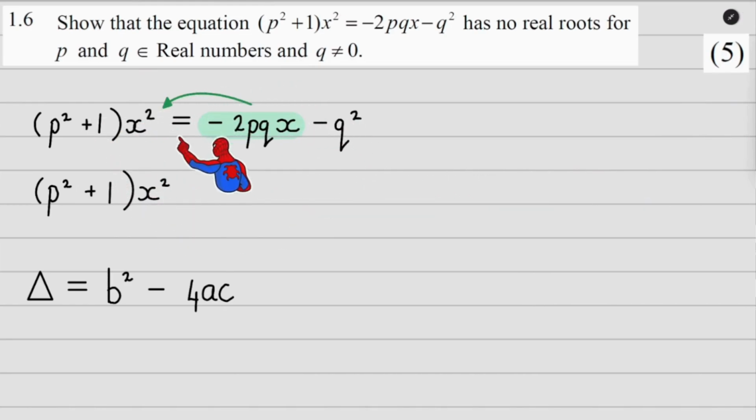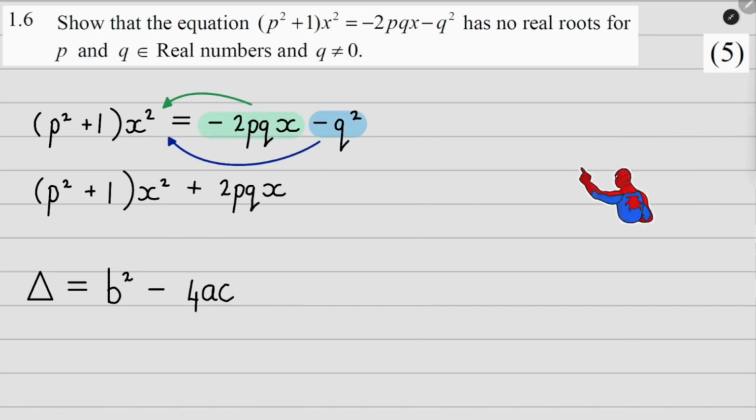When I move this over, it changes from a minus to a plus. And then we're going to move this one over all the way to the end here. And it's a minus over here, so if I move it over the equal sign, it's going to become plus q squared. And as always, we have the equals at the end, my bro.